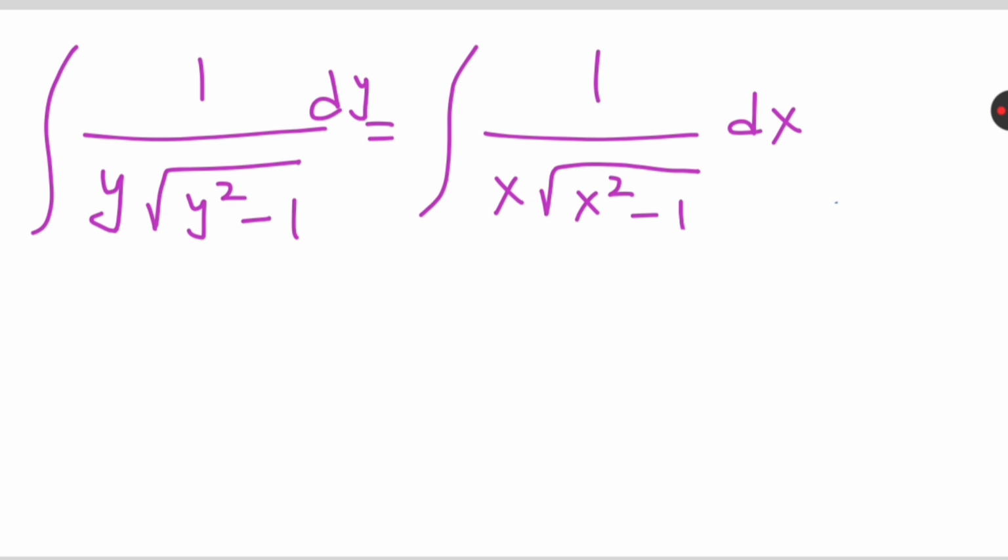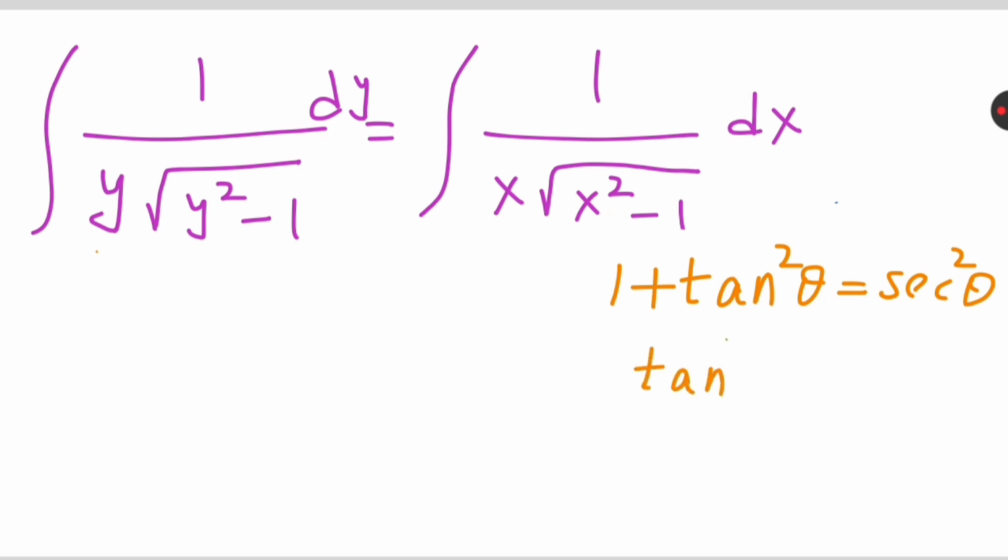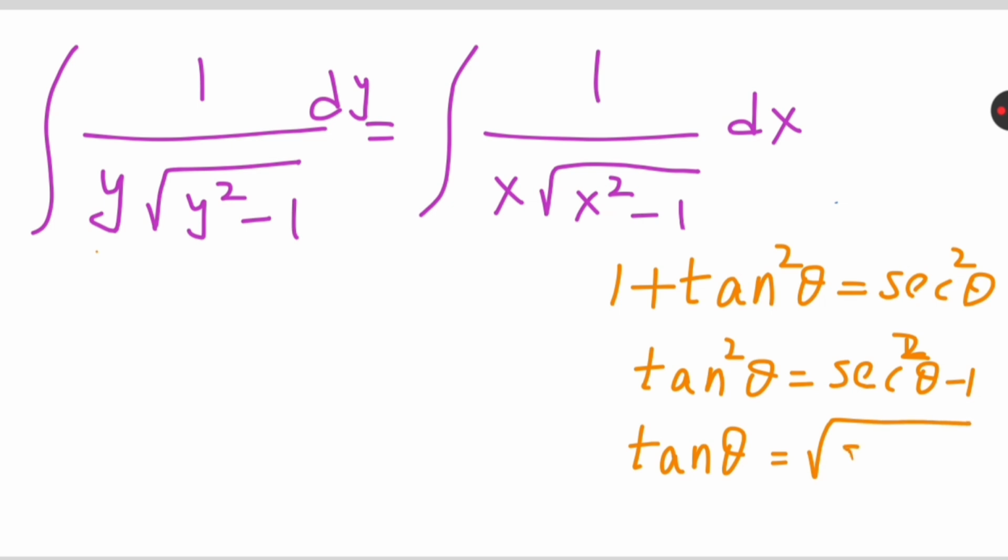Observe here we have a y and square root of y square minus 1. So let's recall one of the most useful identities, that is 1 plus tan square theta is equal to secant square theta. From here we can find tan square theta, isn't it? So tan square theta equals secant square theta minus 1. Here we have a square. So if you take the square root on both sides, then you will get tan theta equal to square root of secant square theta minus 1.